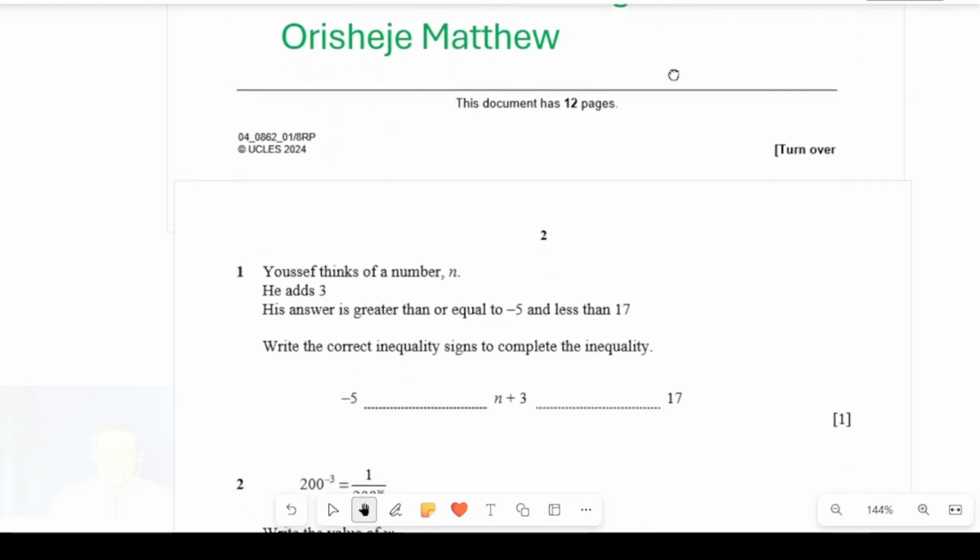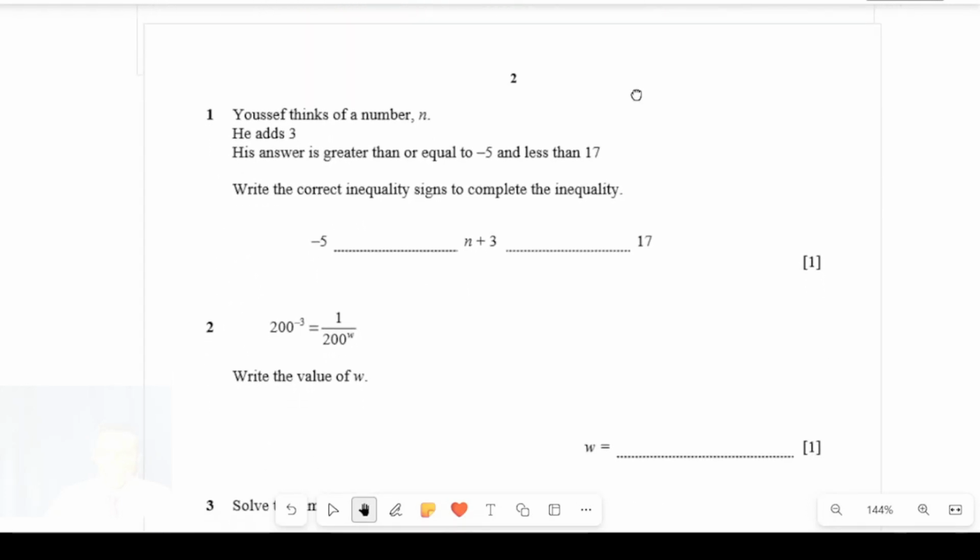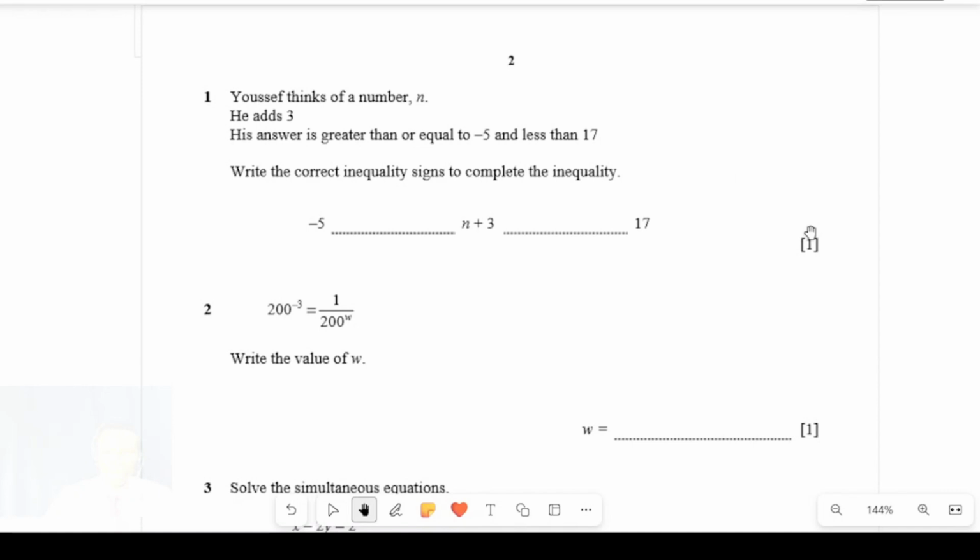So let's go in and look at this one. Question number 1: Joseph thinks of a number n and he adds 3.